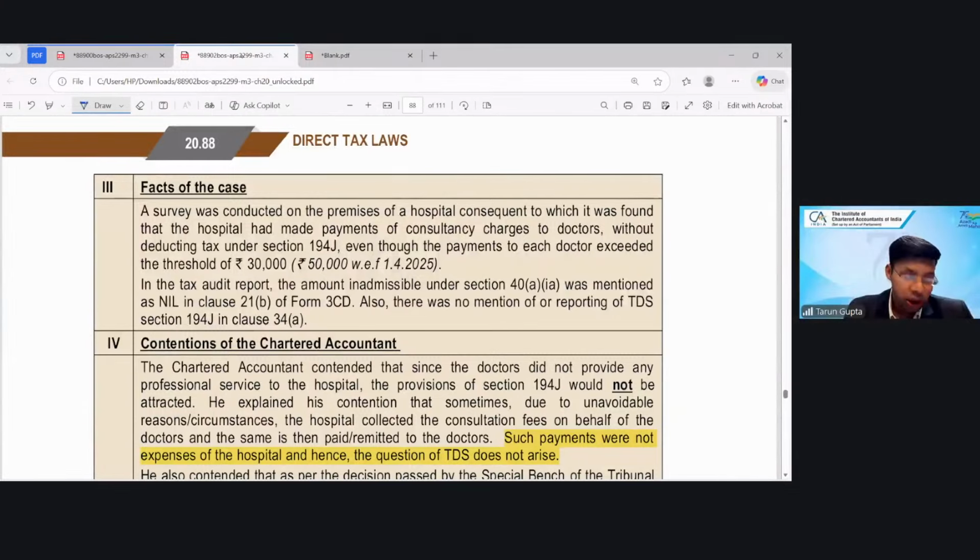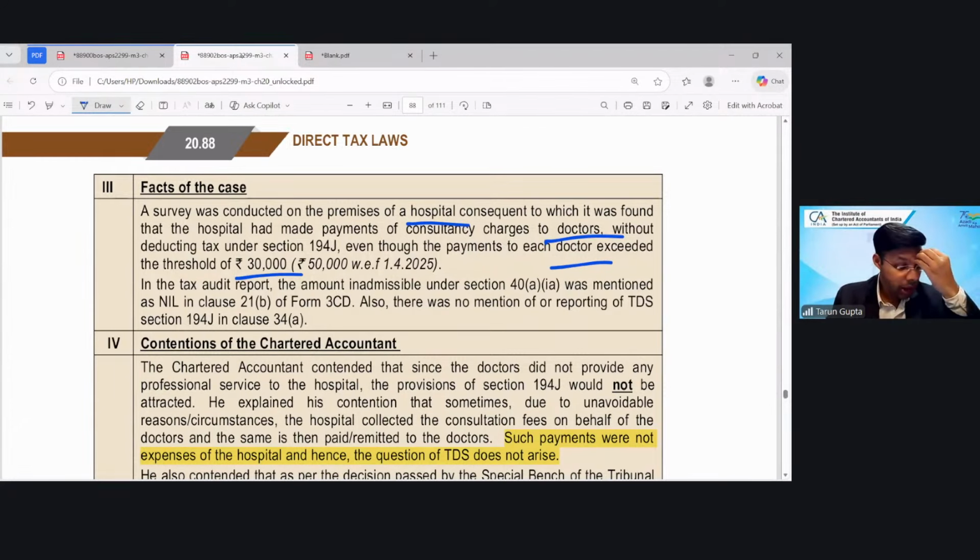The fact is that a search was conducted on the premises of a hospital, consequent to which it was found that the hospital has made payment of consultancy charges to doctors without deducting tax. So the hospital has made payment to doctors without deducting TDS under section 194J, even though the payment to each doctor exceeded the threshold of 30,000.